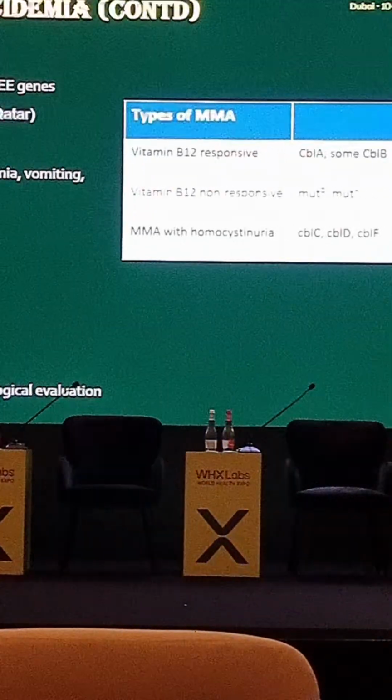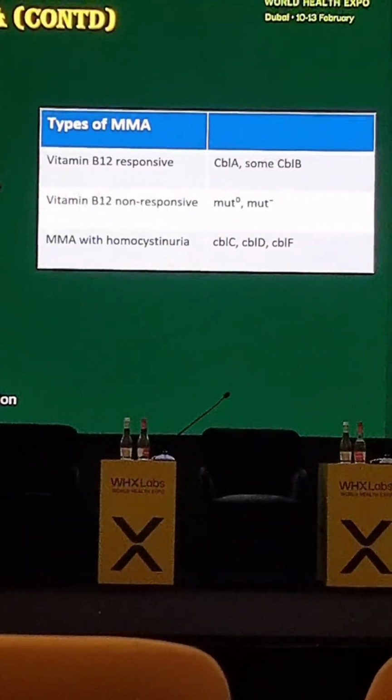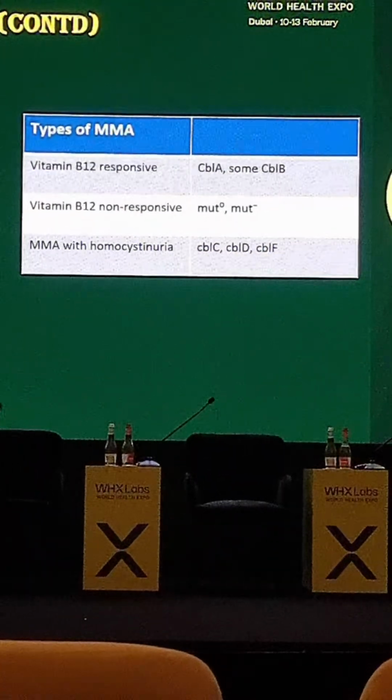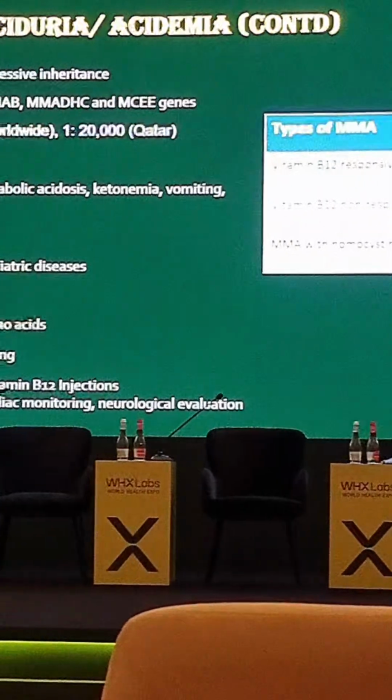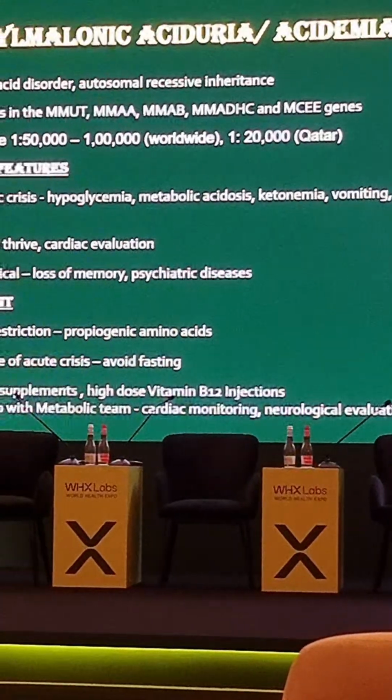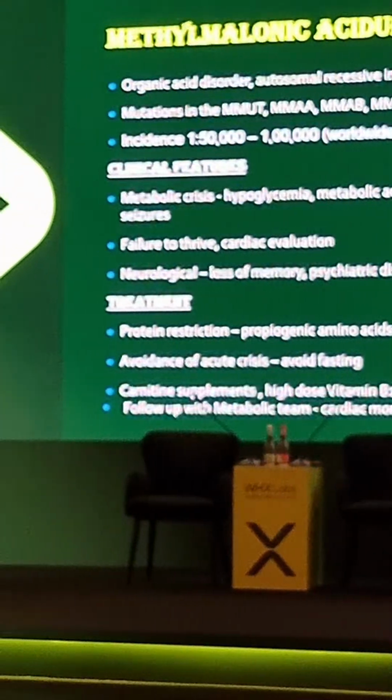Over a period of 14 years, we screened more than 350,000 newborns, gathered all the true positive cases in the population, and published it in the International Journal of Neonatal Screening last year. Based on the statistics, the incidence of methylmalonic acidemia in our population is 1 in 20,000.